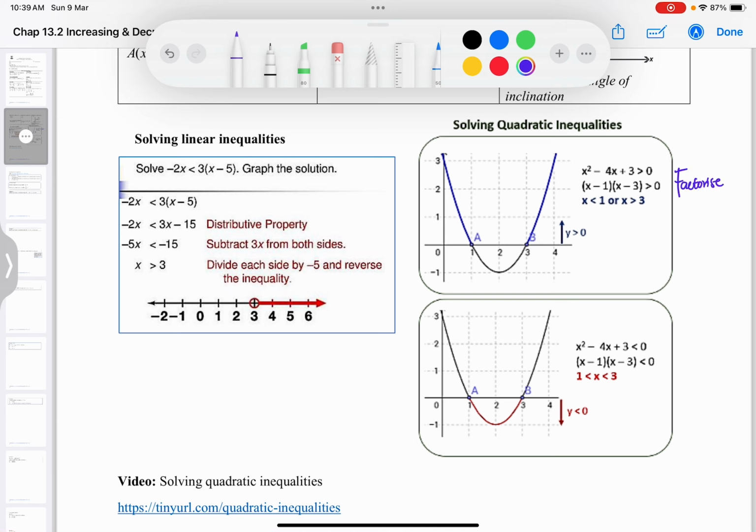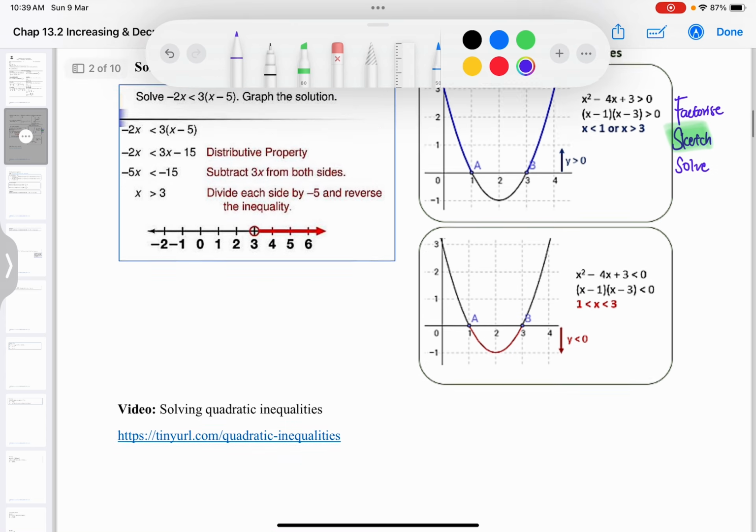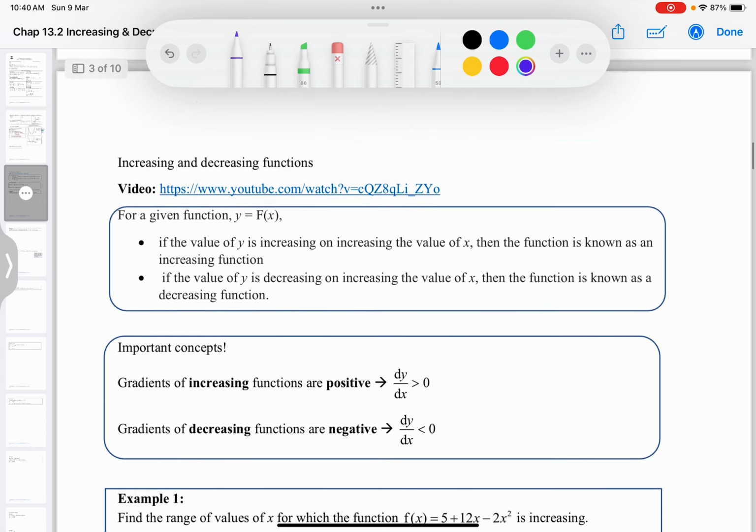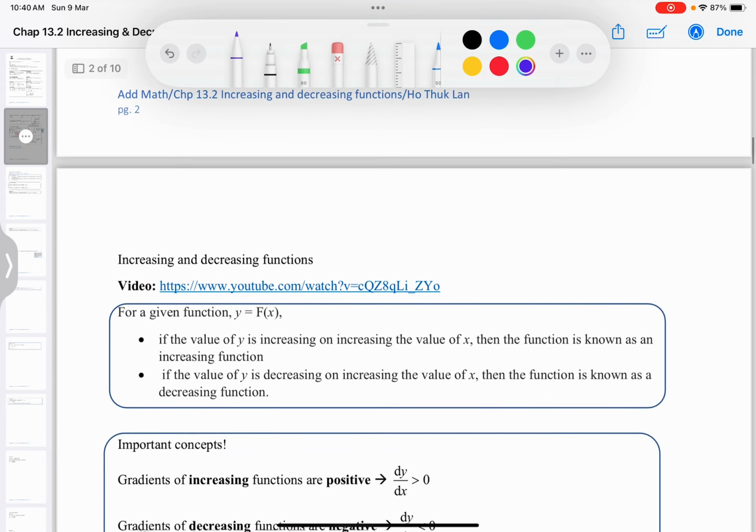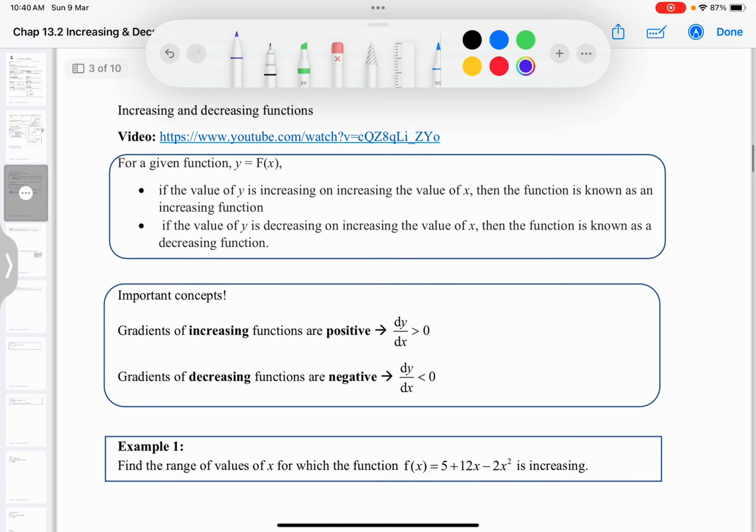F stands for factorize. Sketch. And the last one, then you solve. So FSS: factorize, sketch, and solve. So don't forget the sketching part, which a lot of you tend to forget. If you need to, you can go ahead and watch the video on how to solve quadratic inequality. If not, we will proceed on.